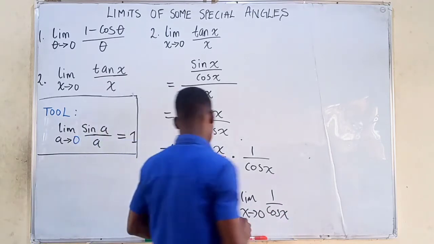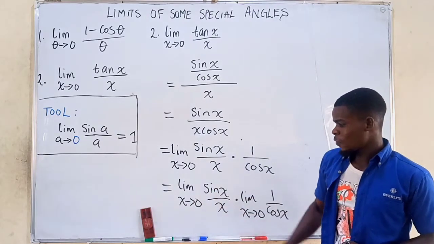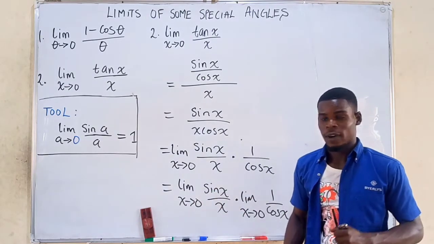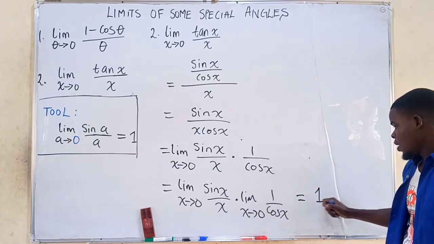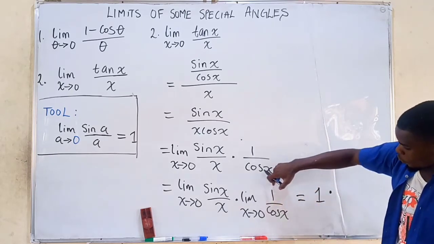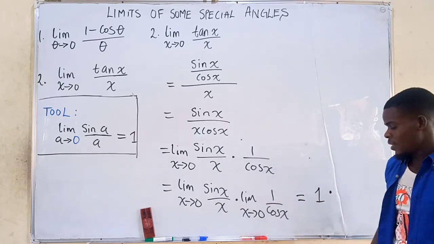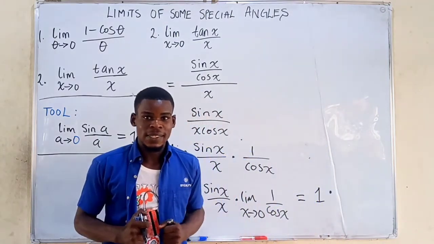Okay, that's better. And now from our tool, we know that the limit of sine x over x as x tends to 0 is 1, because the angle and the denominator are the same. We multiply it with the limit of 1 over cosine of x as x tends to 0. As x tends to 0, cosine of x tends to 1.